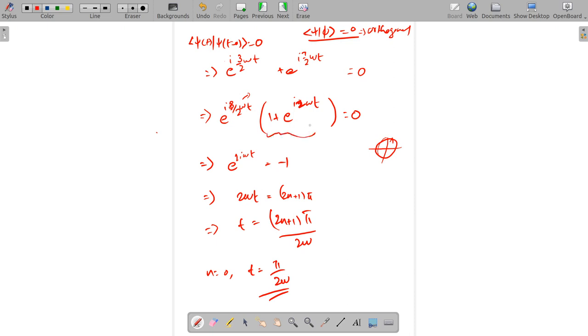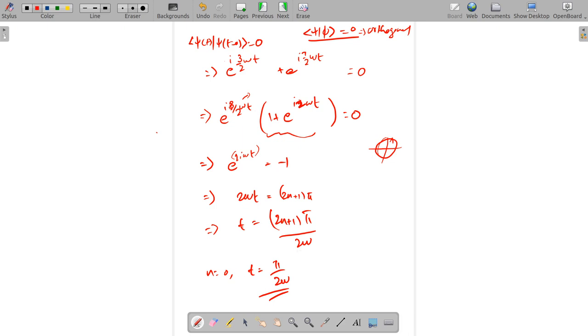If e to the power i 2 omega t is minus 1, this will be 0. That happens when 2 omega t is (2n plus 1) pi. When this phase factor 2 omega t is (2n plus 1) pi, you get this relation. That means t should be (2n plus 1) pi by 2 omega.